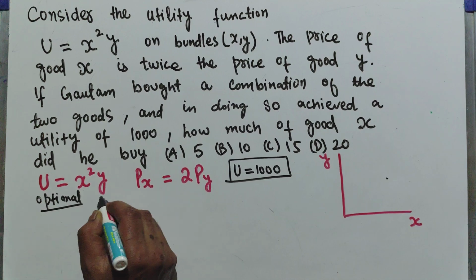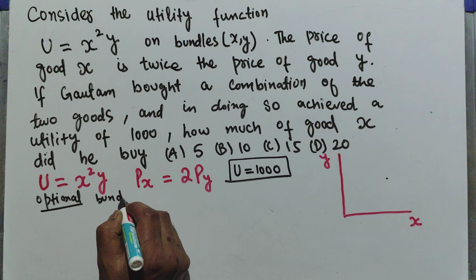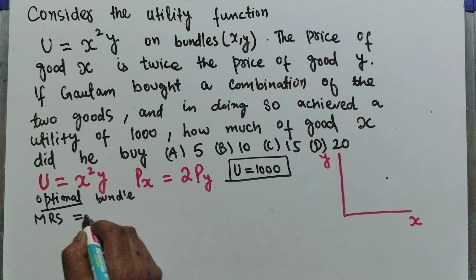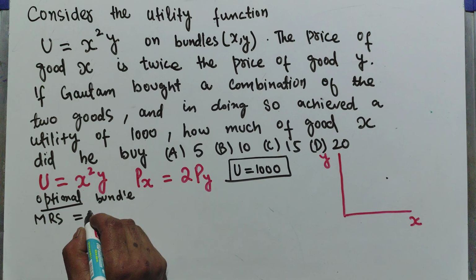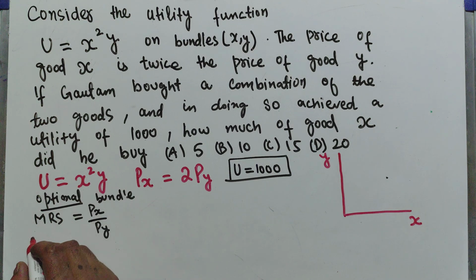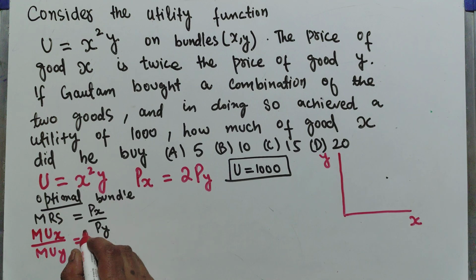To find the optimal bundle, we equate the MRS with the price ratio, that is, the price of good x upon price of good y. MRS is simply the marginal utility of good x upon the marginal utility of good y, and we equate it with price of x upon price of y. That is the first step we need to do.